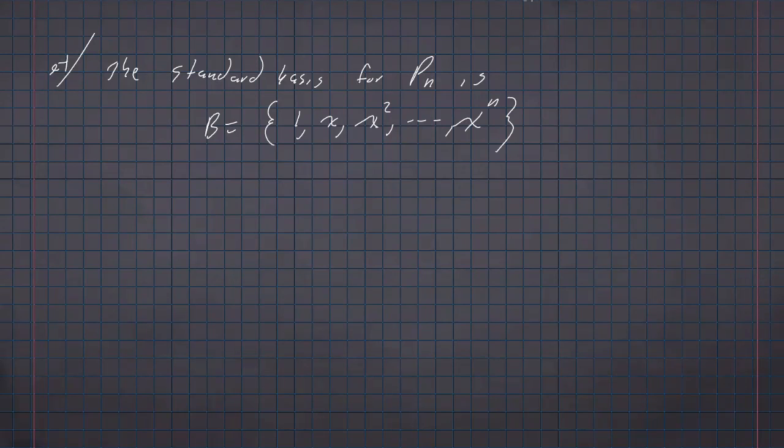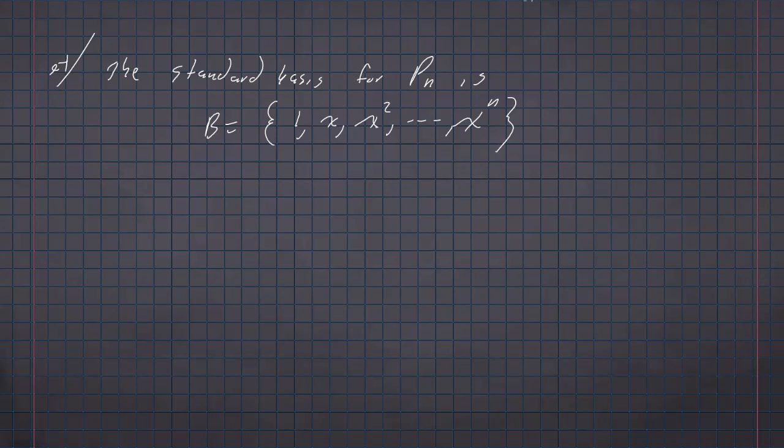And just one more example here. The vector space of polynomials of degree n, Pn. The standard basis there is the set 1, x, x squared, up through to x to the n power.